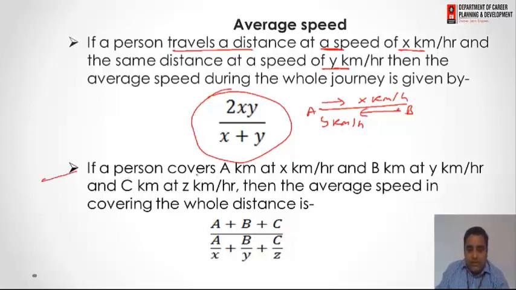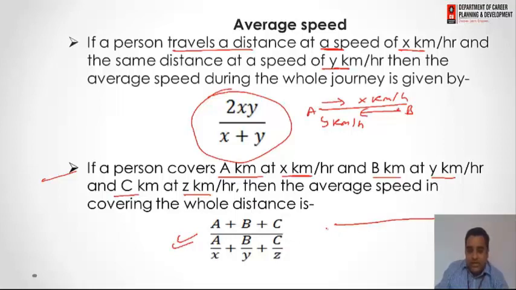Whereas if a person covers A kilometers with the speed of x kilometers per hour, B kilometers with the speed of y kilometers per hour, and C kilometers with the speed of z kilometers per hour, then the average speed of the journey is like this. We are just used to using this concept.